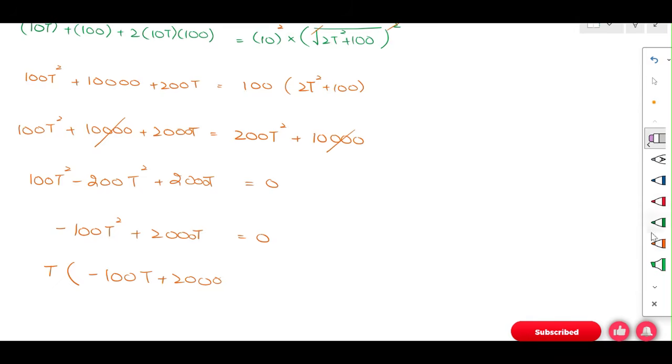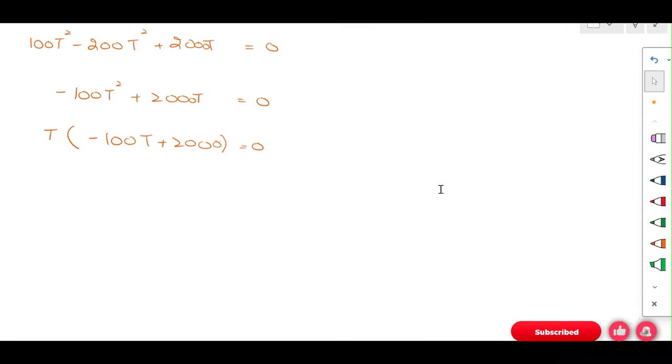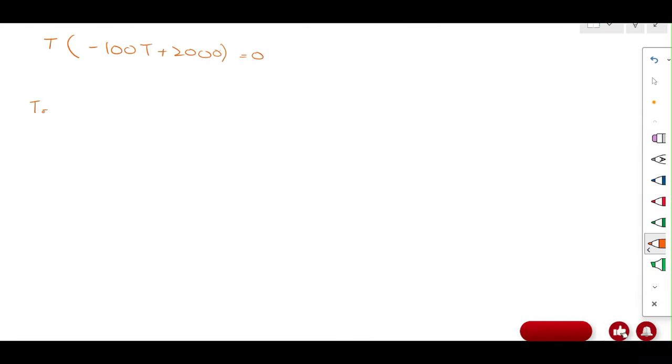So T is common. Raise this T and this thing equals 0, so both factors are separately equal to 0. Capital T equals 0, or minus 100T plus 2000 equals 0, or we can say 2000 equals 100T.